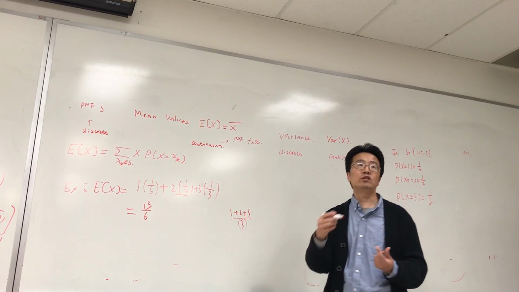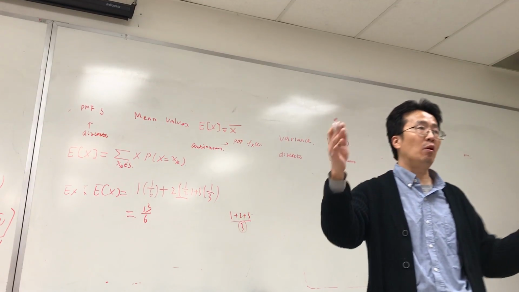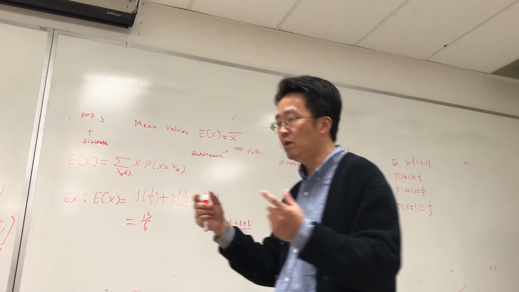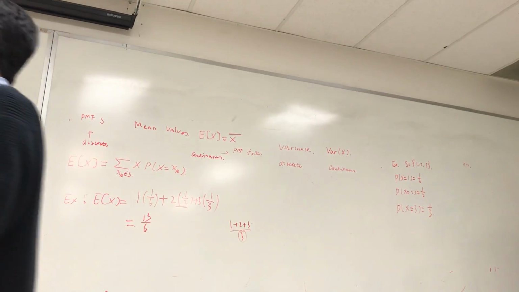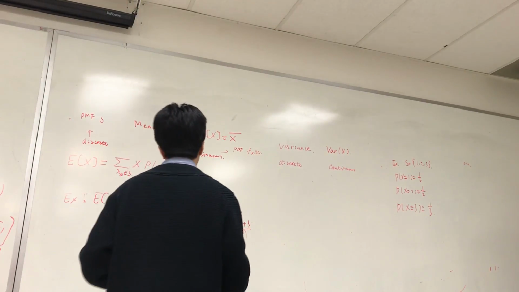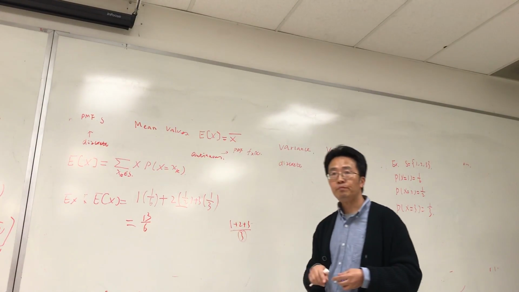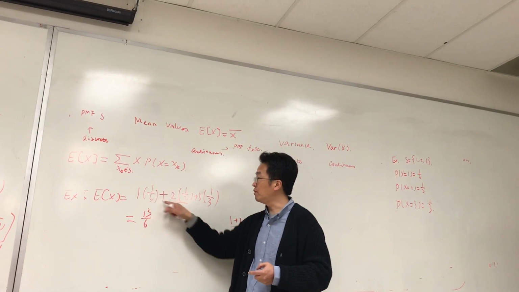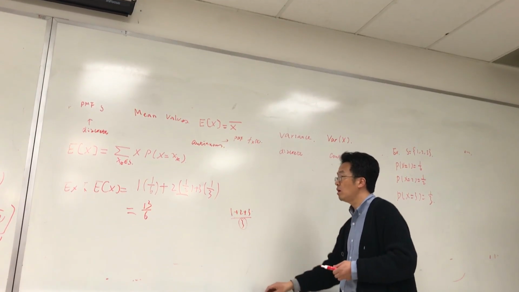For example, if you have 10 points, you would have the sum of these 10 points over 10, right? So 1 over 10 can be interpreted as the probability associated with each element. And here, because each element has a different probability, in other words, the weights will be different.